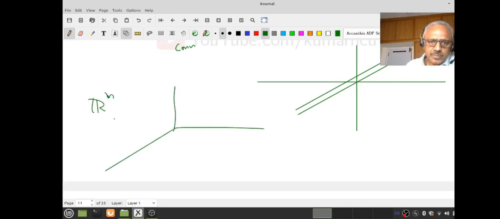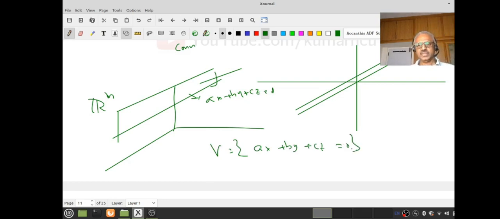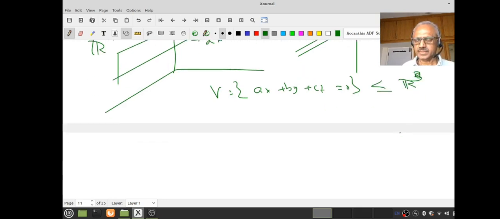I start with any plane, given by ax plus by plus cz equal to d. This is going to be connected, because I can take V to be the set of all x, y, z in R3 with ax plus by plus cz equal to 0. This will be a vector subspace in R3. Very good.